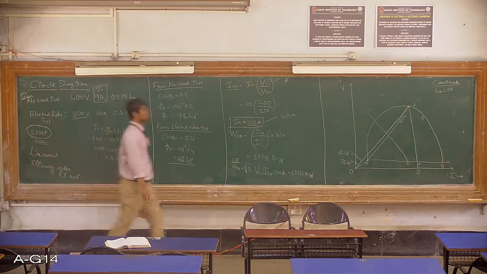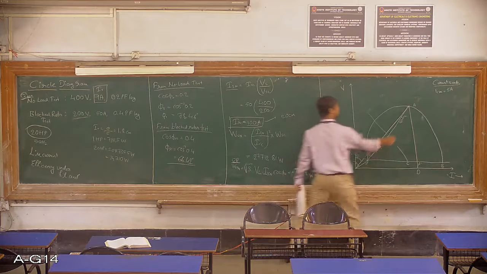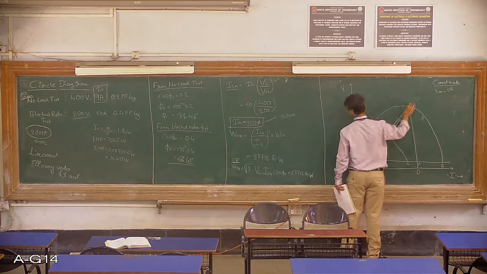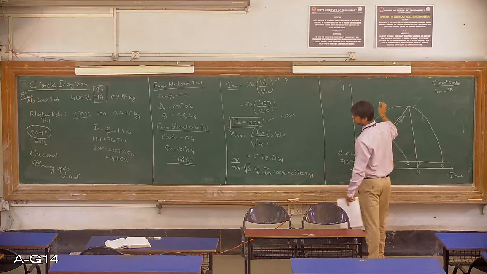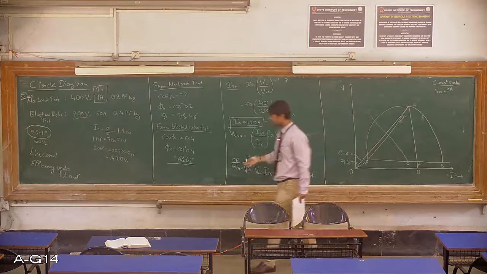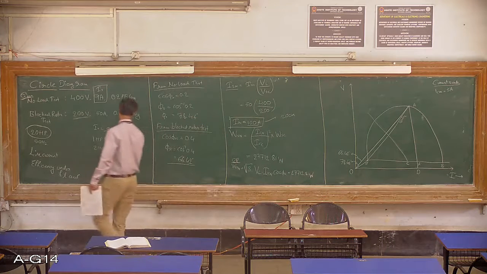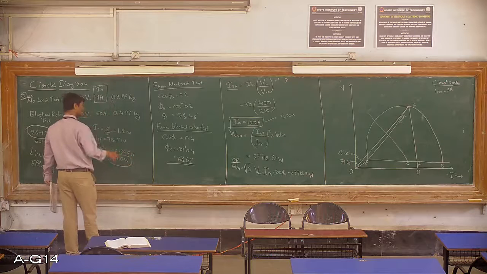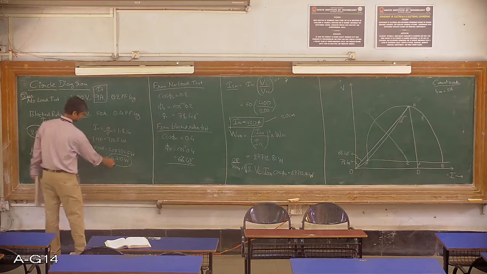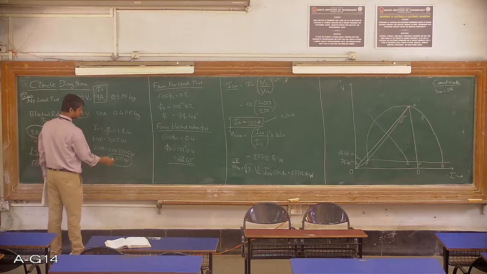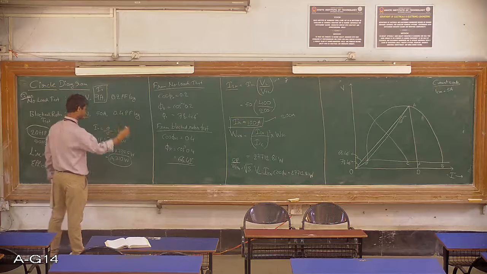So I should be extending the line from point A above for 14,710 watts, but this graph is in terms of centimeters. So convert this 14,710 watts into centimeters. But this is not the current, okay, this is power. So you should be converting this into centimeters using the power scale.